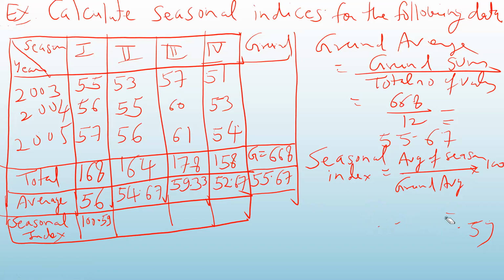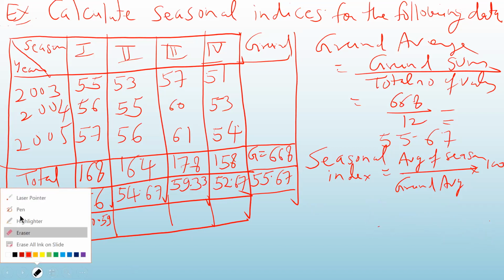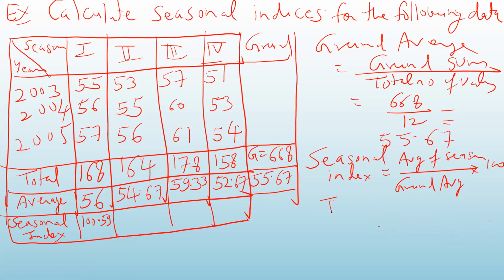Seasonal index for season 2 will be the average for that season, that is 54.67, into 100 divided by 55.67. So you are getting 98.203, so you can write 98.20.